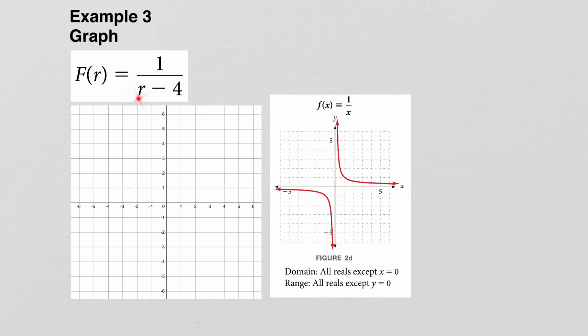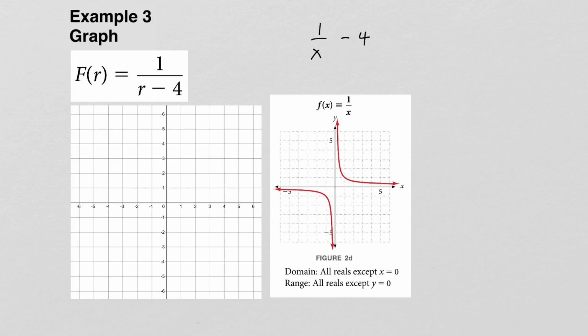What we have is the variable r and then minus 4. So what we have is we're subtracting 4 from the variable inside of the function, okay? So that would be very different from subtracting 4 after the 1 over x, right? So what we're doing is we're subtracting 4 inside. What that does is it moves the graph 4 units, in this case, to the right.